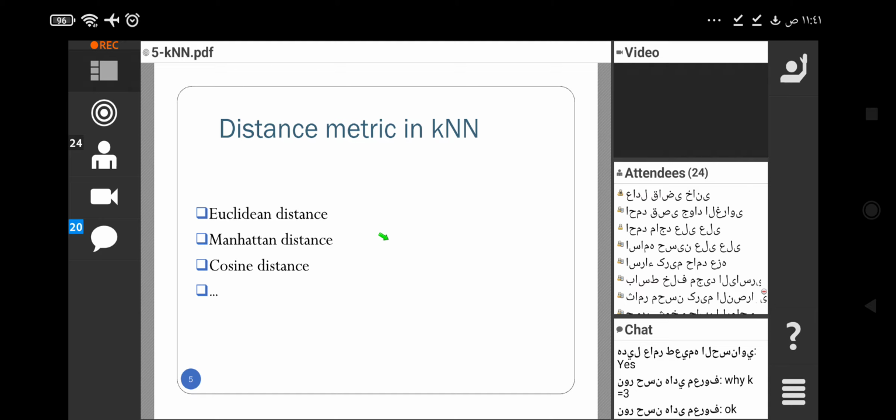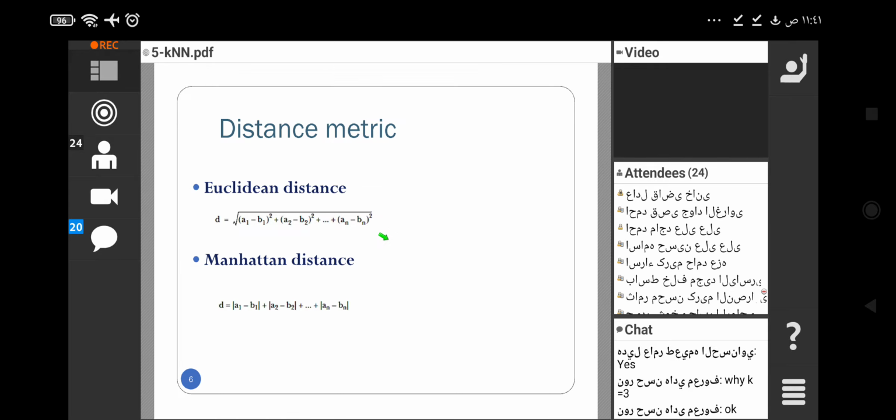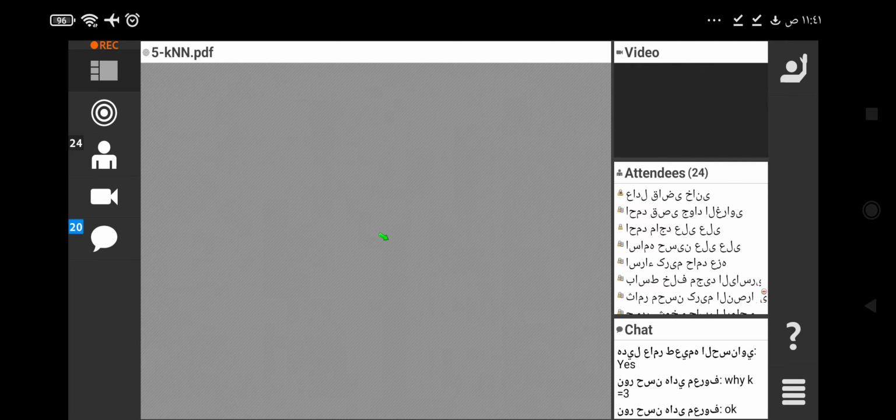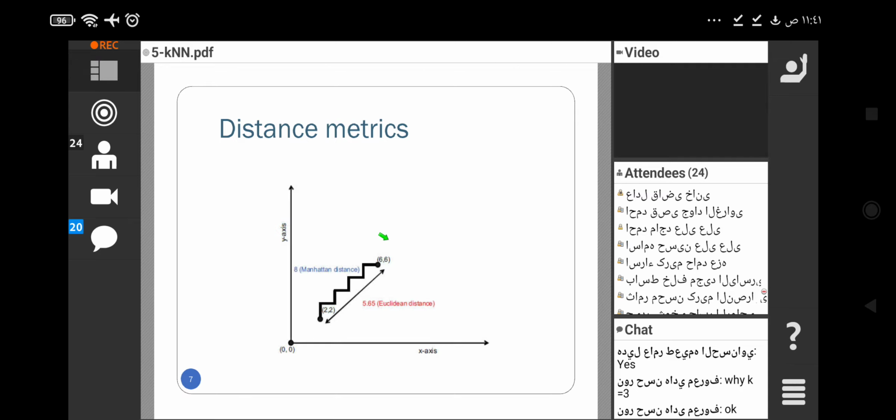And I said in the video that in KNN we could use different distance metrics: Euclidean distance, Manhattan distance, cosine distance, and other distances. These are the formulas of these distances, and these distances are different.